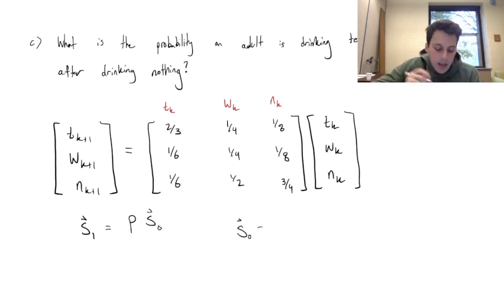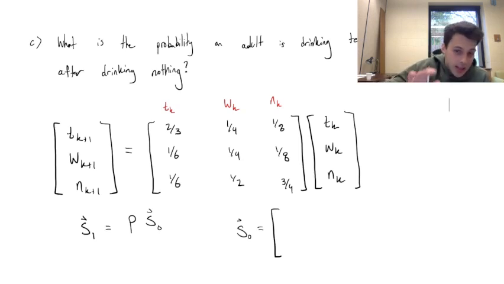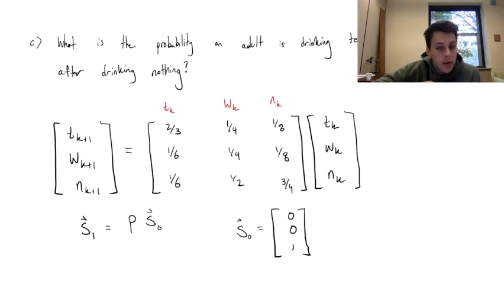It says the probability 2 hours after drinking nothing. This is telling us that the person is drinking nothing, 100%. At k equals 0, we know that you are drinking nothing. This means that there's 0 probability you're drinking tequila, 0 probability you're drinking water, and 100% chance that you are not drinking anything at hour k equals 0.